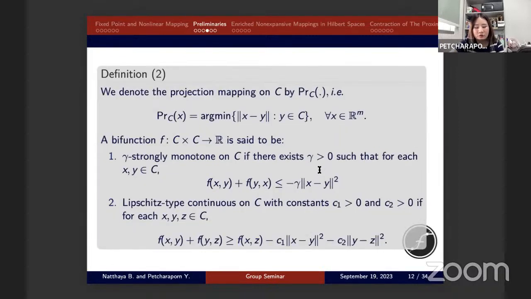And definition 2, projection mapping. We denote the projection mapping on C by P_C like this.